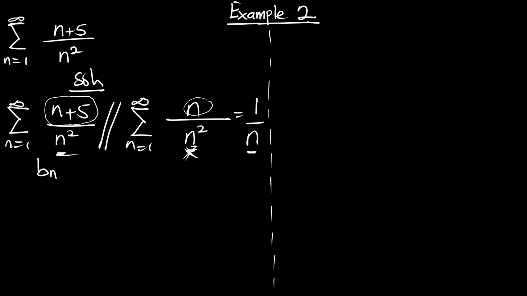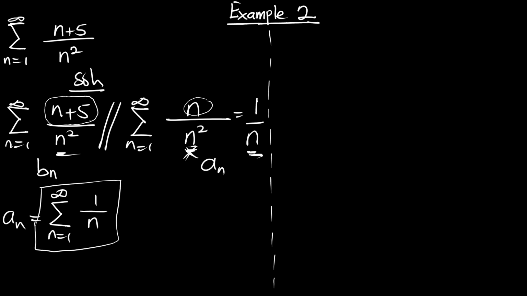So this is going to be the bigger one, which is bn, and this is going to be the smaller one, which is our an. So now we know that our an is this series, right? The summation from n is equal to 1 to infinity of 1 on n. Now we can test for the convergence or divergence of this series using the p-test.